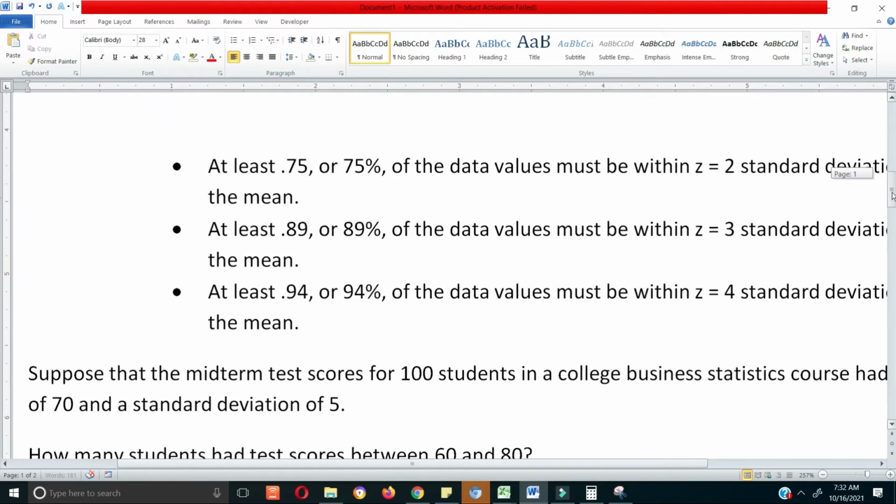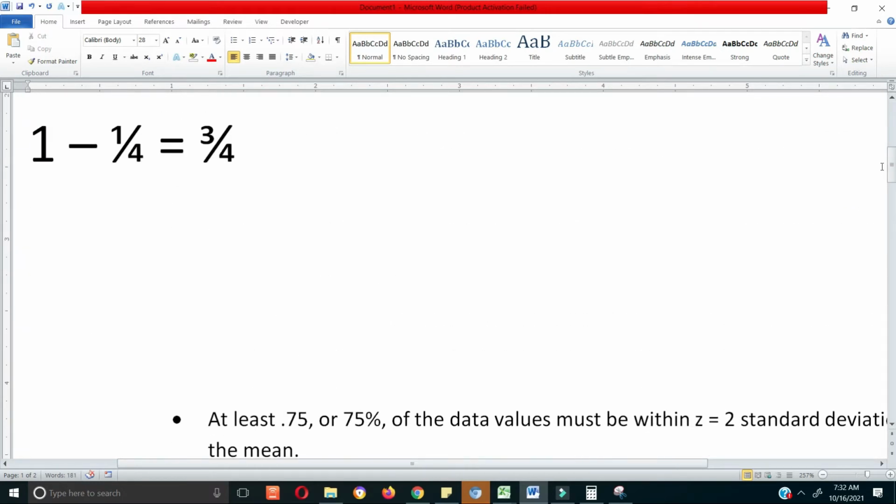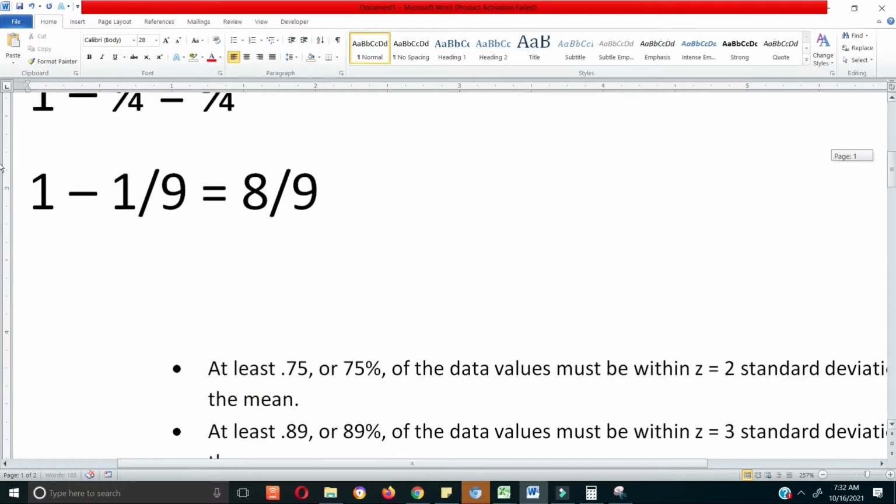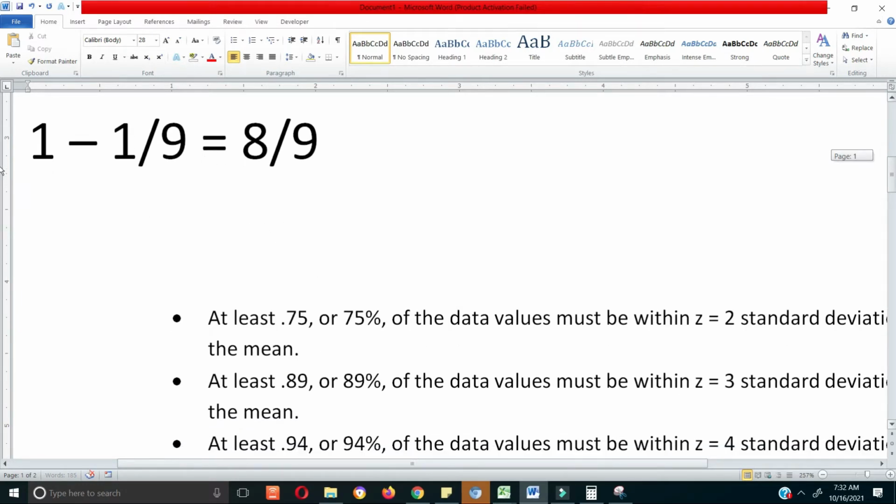Then within 3 standard deviations, you should have 89%, which is 1 minus 1 over 9. So you get 8 over 9, and 8 over 9 is 89%, and so on and so forth.